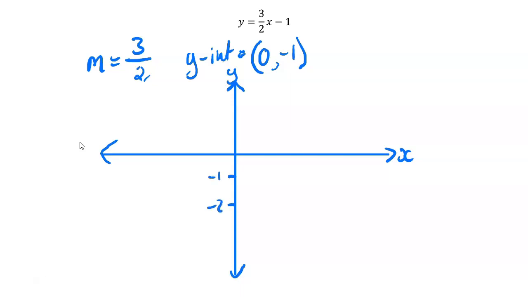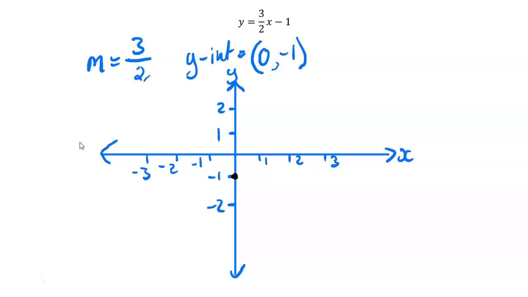Negative 1, negative 2, 1, 2. So 1, 2, 3, 1, negative 1, negative 2, negative 3. Okay, so my first point is at 0, negative 1, which is here.